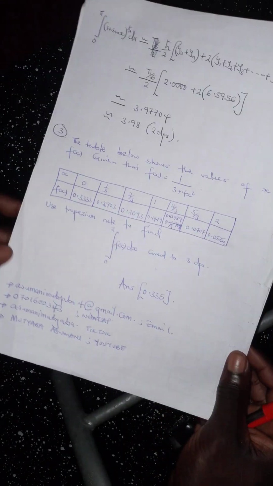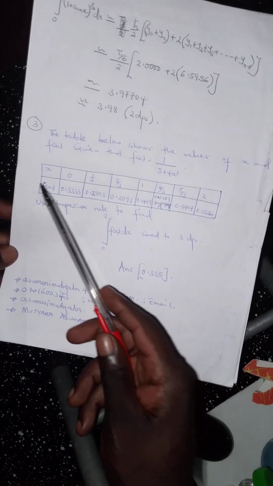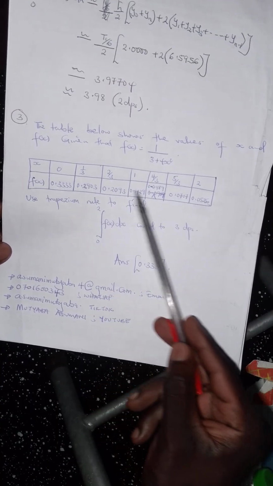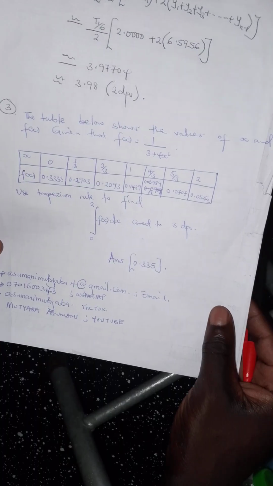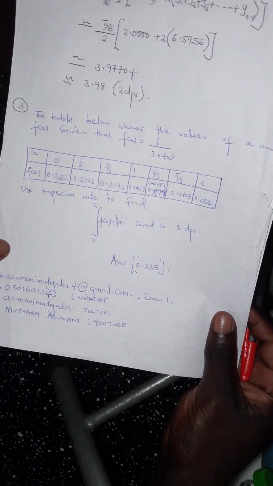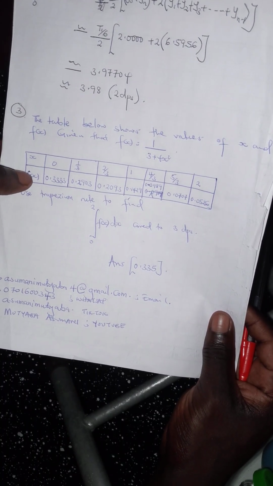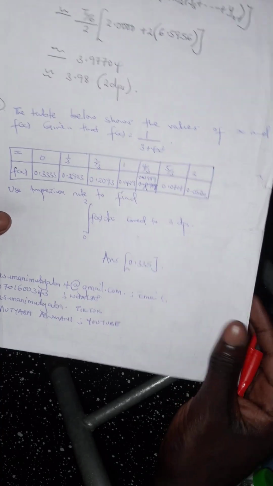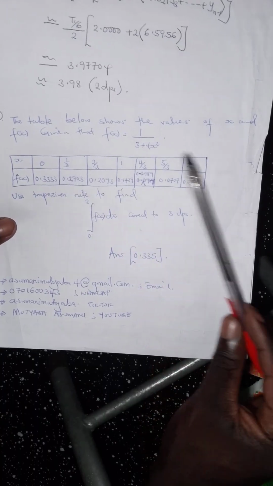Now in example 3, we want to see that case. If they give you a table of values that have the x values and the f of x values, the logic does not change. We always suppose that our y is this f of x. You let y be f of x, then you separate these things.